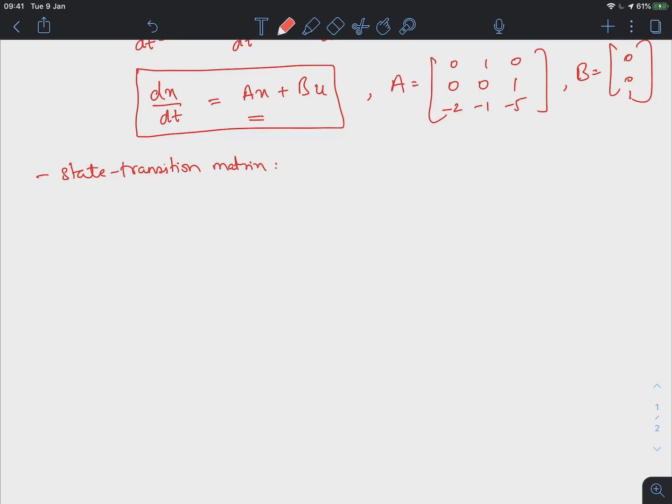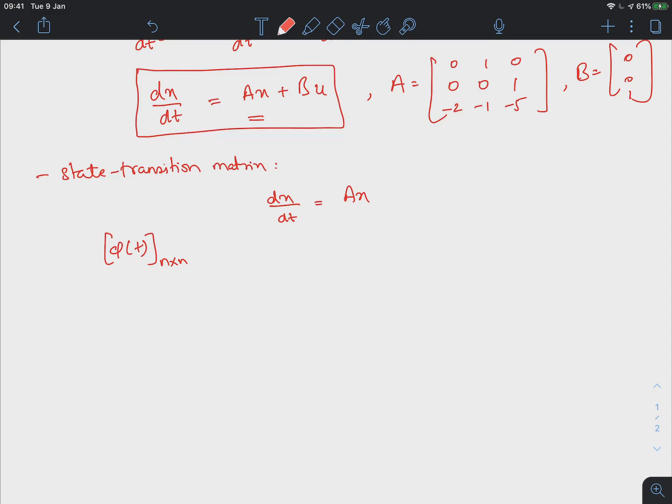So let's write the homogeneous linear state equation as dx by dt is equal to Ax, where x is a vector, A is a matrix, and here we define the state transition matrix as some phi(t), which is of n cross n dimension.